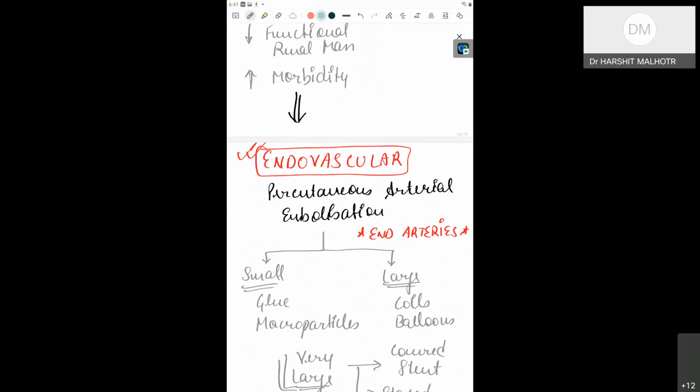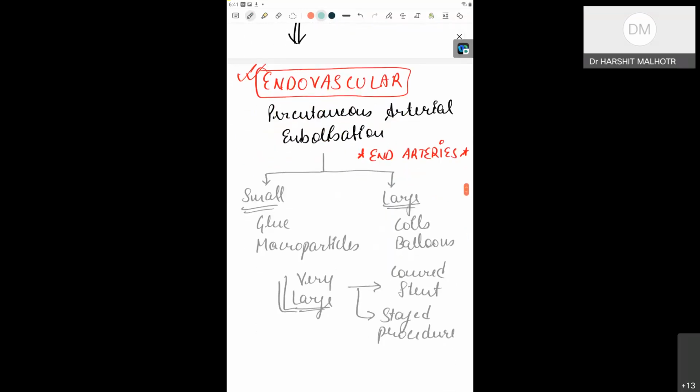But in the case of end arteries, we are performing these procedures in a safe scenario. If the AV malformation is small, we can use glues like Enbucrilate, or we can use microparticles, like 500 to 700 or 700 to 900 Embosphere particles.